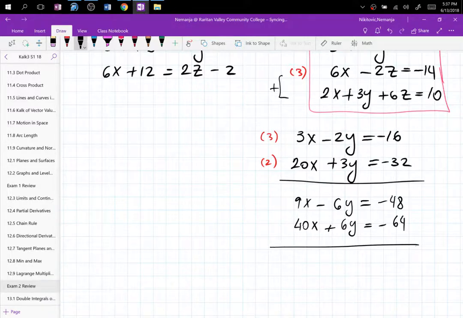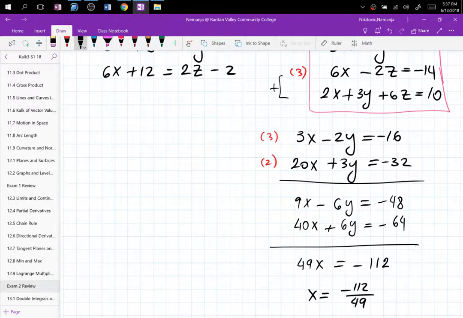When I add these two equations, I'm getting 49x, y's are dying, and we have negative 112. At this point, I would say something went wrong somewhere, but right, such is life. We have x to be negative 112 over 49.